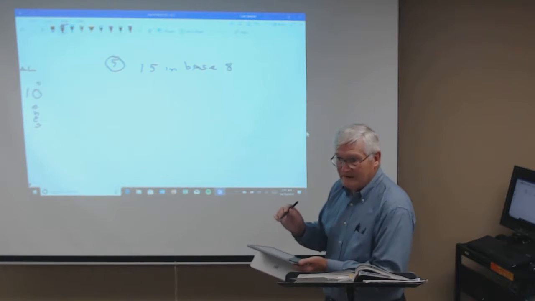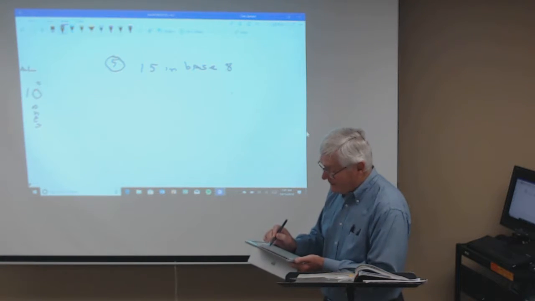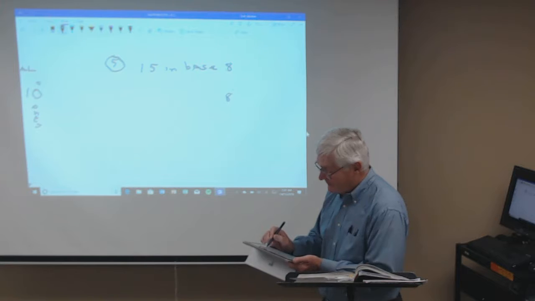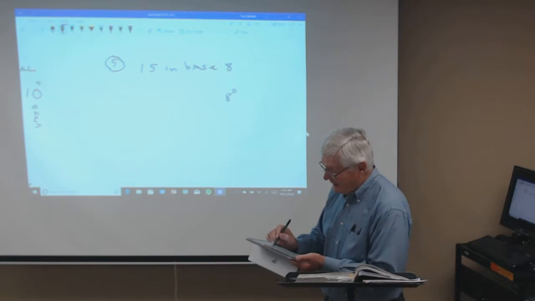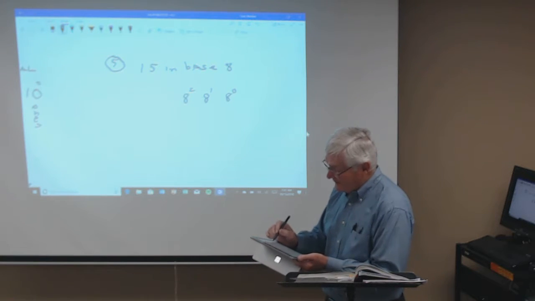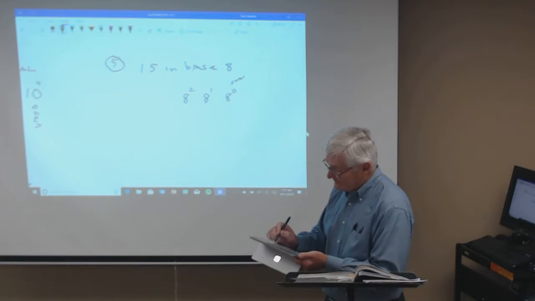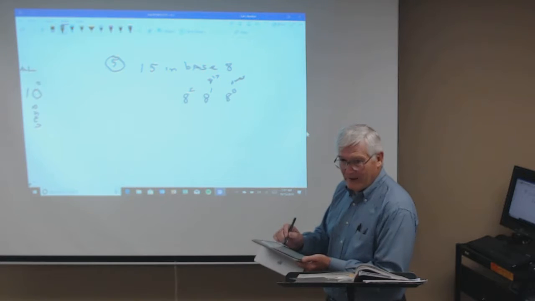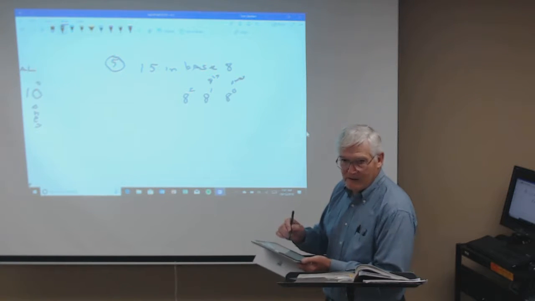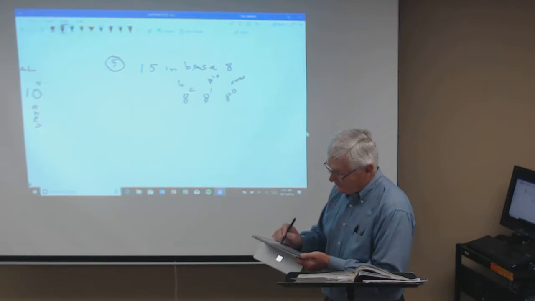So when it says base 8, you're going to write down 8 to the 0. Everybody see that? And then 8 to the 1. And 8 to the 2. And what would that be? This is 1s. This is 8s. And what's 8 squared? What's 8 times 8? So this is 64s.